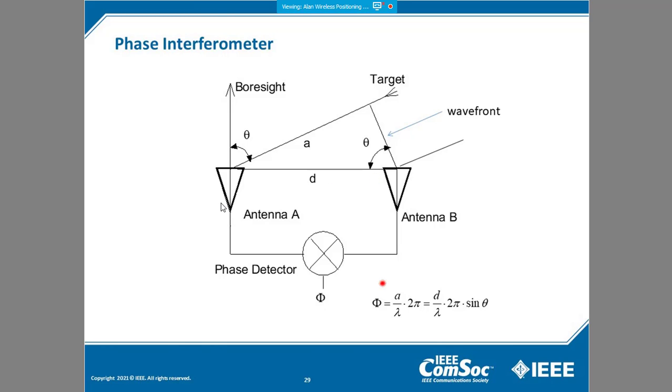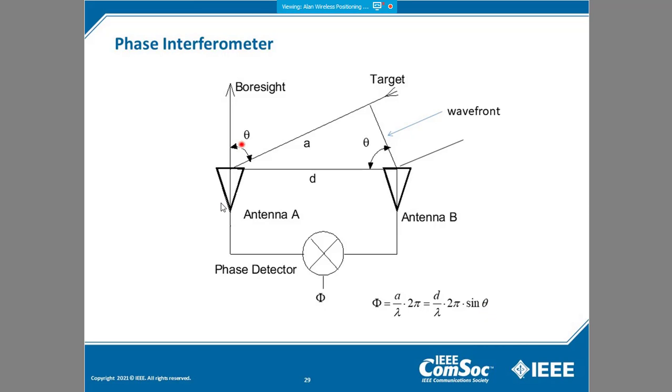So this gives us a relationship between the phase difference between the signals from the two different antenna elements and the direction of the angle of arrival of the signal from the target as compared to the boresight direction.